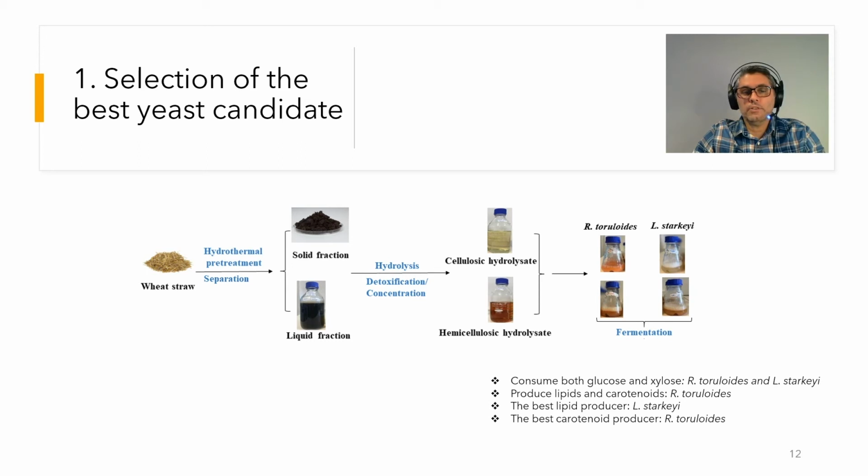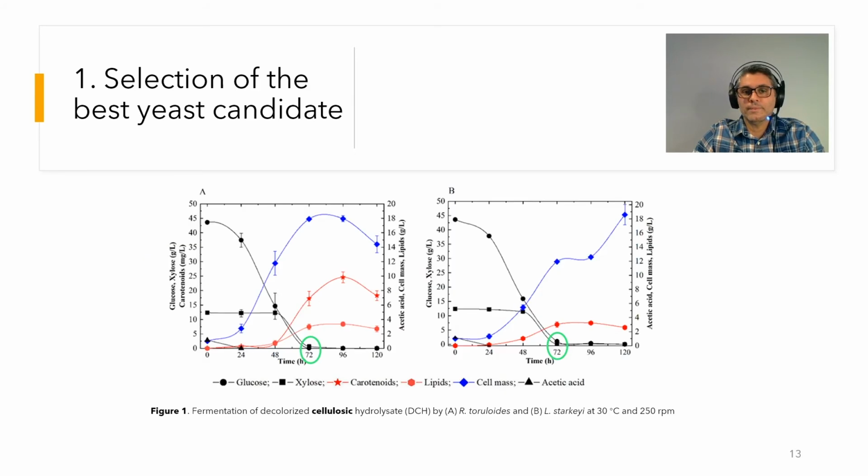The resulting solid fraction was hydrolyzed by enzymes at 50 degrees Celsius for 72 hours for production of the cellulosic hydrolysate. When Rhodosporidium and Lipomyces were cultivated in the cellulosic hydrolysate, both yeasts metabolized all carbon sources in 72 hours.